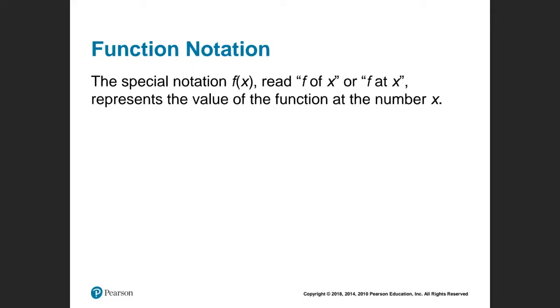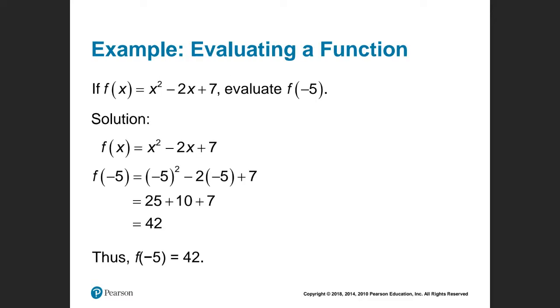Function notation. The special notation f of x, read "f of x" or "f at x", represents the value of the function at the number x. Example: if f of x equals x squared minus 2x plus 7, evaluate f of negative 5.